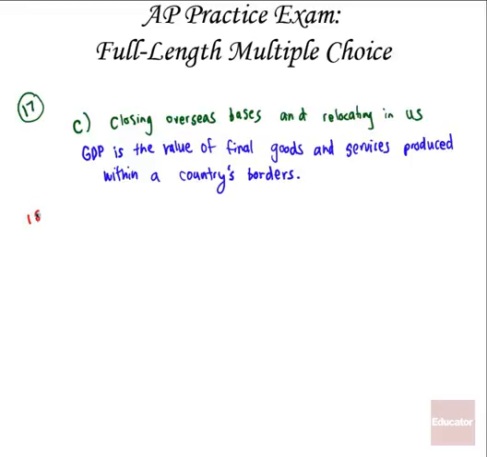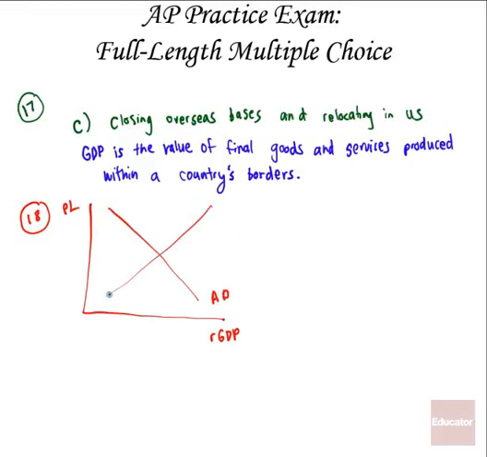Okay, question number 18. According to the aggregate supply and demand graph shown above, what's going to decrease output for sure? Okay, so let's go ahead and sketch this graph here. You have the RGDP, the price level, aggregate demand, and aggregate supply.